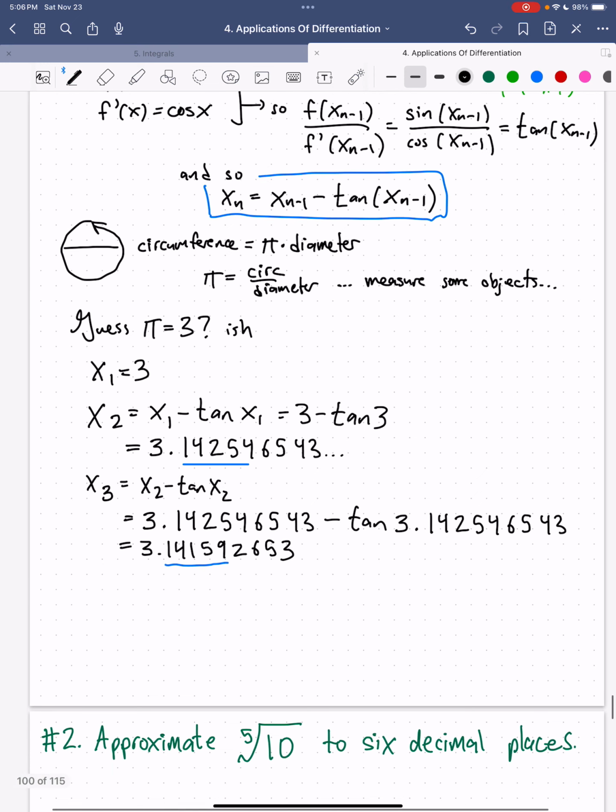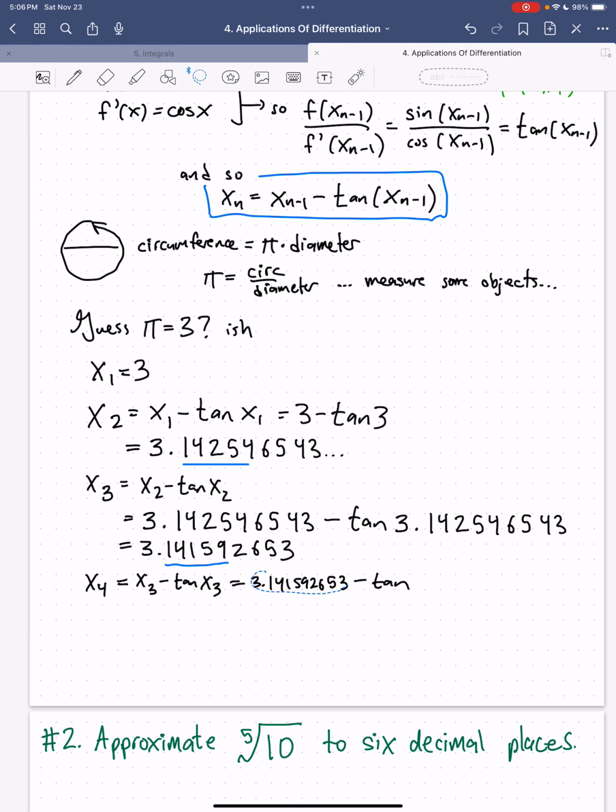So now we'll have to do x4. And again, just use this formula. So we have x3 minus tan at x3. So that's our 3.141592653 minus tan of the same. That's just the previous guess. And if we plug that into a calculator, what we get is 3.141592654.